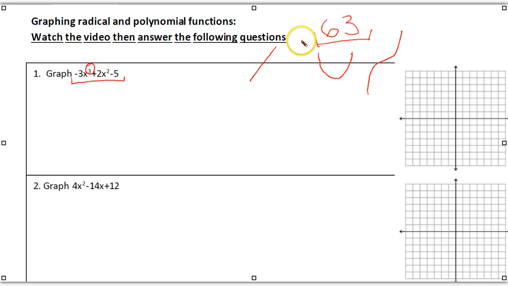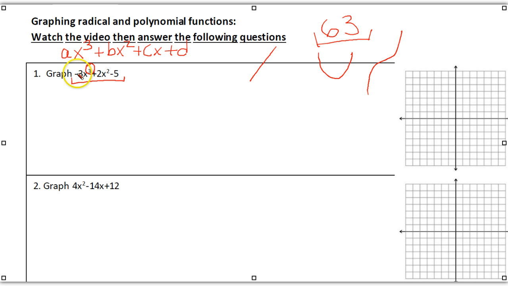Now, a characteristic of these expressions is what is the sign of our A term. And as we see here, the A term, which is a -3, is negative.